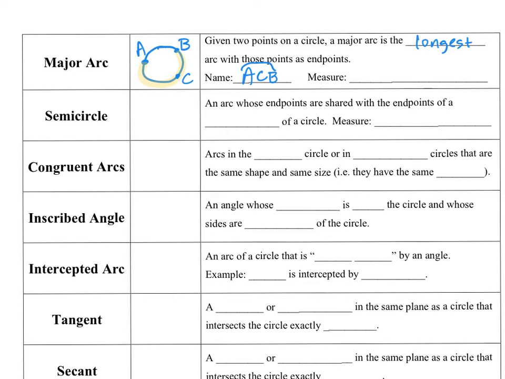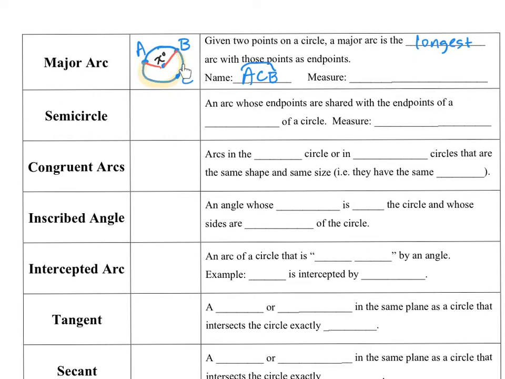Now, to find the measure of a major arc, I forgot to draw the center. Let me draw that center, and then draw the associated central angle with the minor arc. Remember that angle has a measure of x degrees. You probably recall that the distance all the way around a circle is 360 degrees.